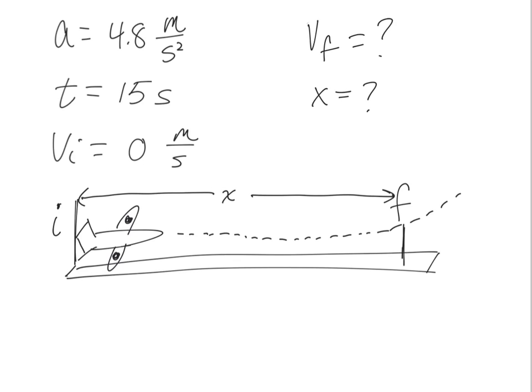Take a minute to write them down. Practice on your own. Figure out which formulas you're going to use to get VF and which formula you're going to use to get X. And when you tell me, I want the order in which you're doing them, too. So which one are you solving for first? It doesn't matter. You could solve for either of them first. Both ways work, but you end up taking different formulas if you take a different approach.